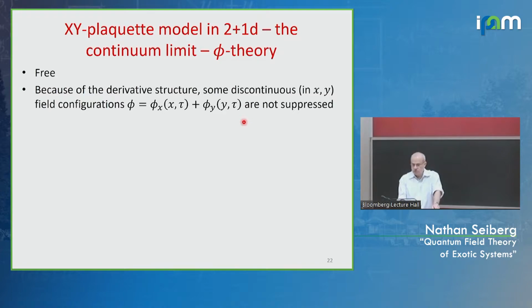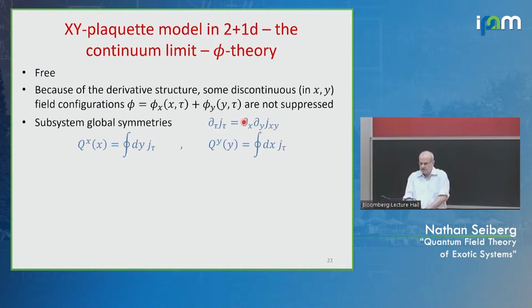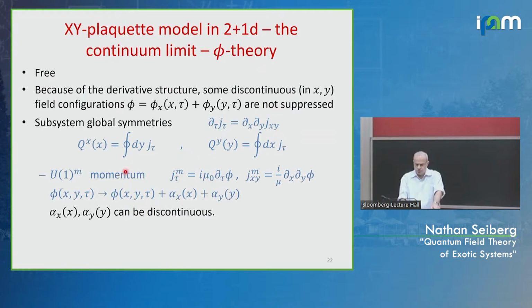We also discussed the subsystem symmetry on the lattice, and since it exists on the lattice, we should look for it in the continuum description. And since it exists in the continuum description, there must be a Noether current for it. And the Noether current turns out to satisfy the following conservation equation. So I'll call it momentum symmetry, and it has a time component to the current and a space component which has indices x, y.